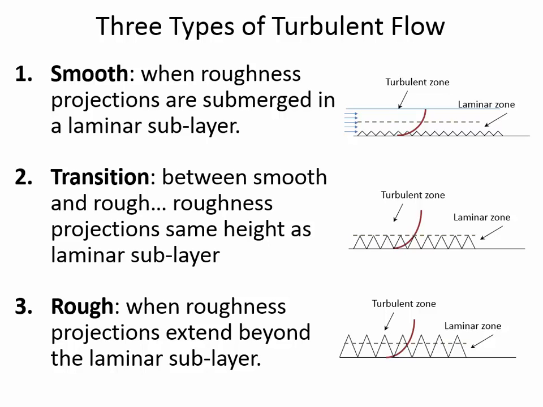When you've got really high velocity, it compresses the thickness of the laminar layer to very small. So it may not necessarily be that these roughness elements are any bigger, but it may be that just the velocity is high, and so they're sticking out because of a thin laminar zone. So these differences are going to account for some of the variations in behavior that we see later on through the semester.